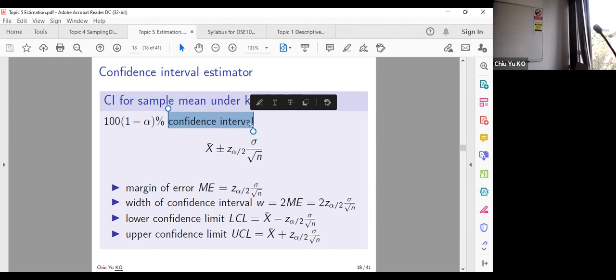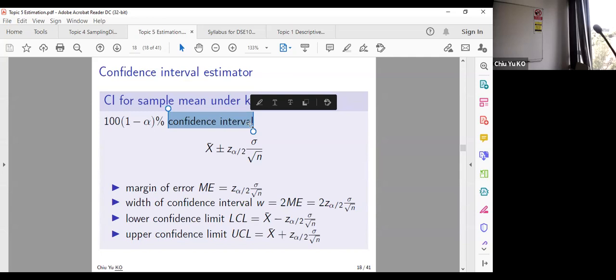Once you collect data, the data is fixed, the mu is also fixed. You cannot say anything about probability. You can think that before you collect data, you calculate the confidence interval, and you have 95% probability that what you find will include the population mean. But once you find that, you have no probability.